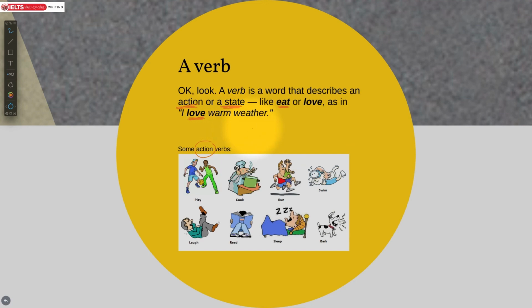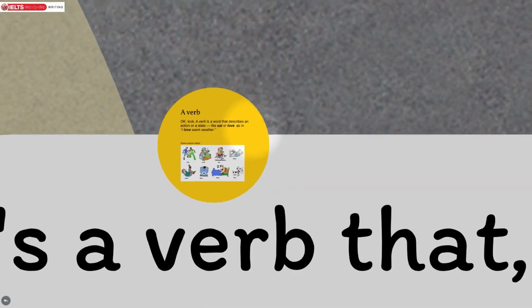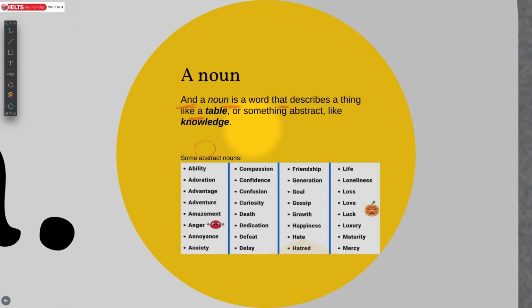Okay. And the other thing that we need to just double check is a noun. A noun is a word that describes a thing such as a table, a chair, a teacher, or something abstract like the word knowledge.